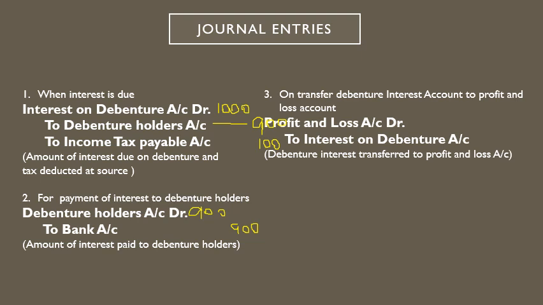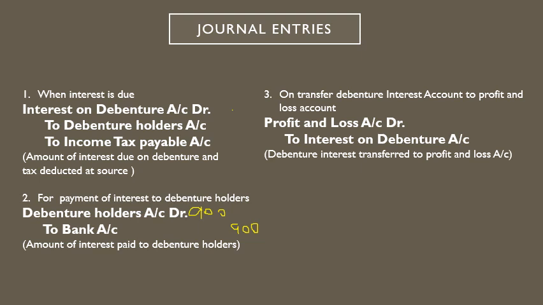And the next case, on transfer of debenture interest. On transfer of debenture interest account to profit or loss account. Since debenture interest is a fixed expense for this company, all the expenses should be debited to the profit and loss account or the statement of profit or loss.